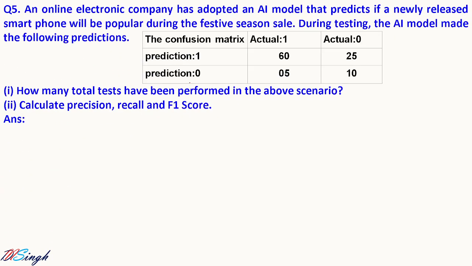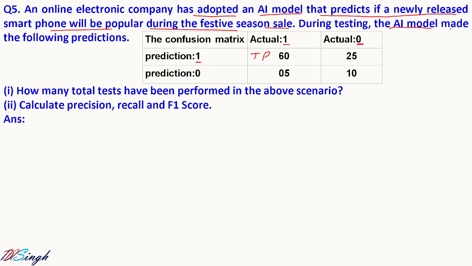This question says, an online electronic company has adopted an AI model that predicts if a newly released smartphone will be popular during the festive season or not. The AI model made the following prediction. Same way, you need to see the values, like 1 here and 1 here, both are same. So first word will be true, and for prediction it is 1, like yes, so second word will be positive.